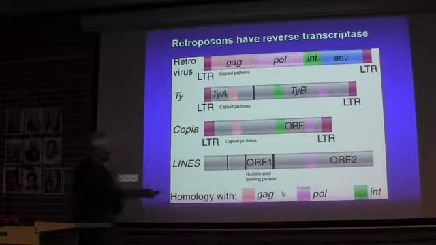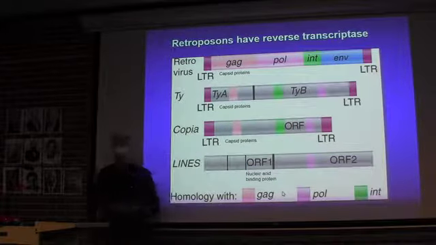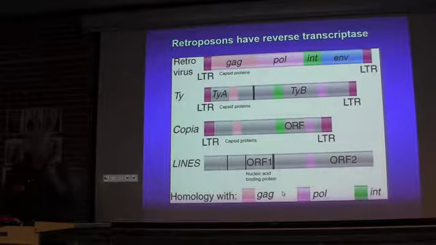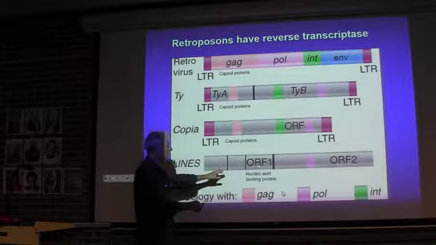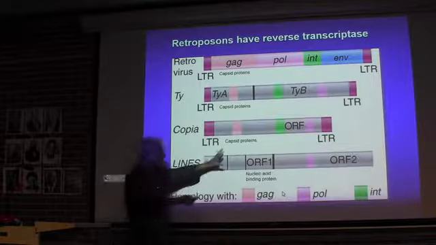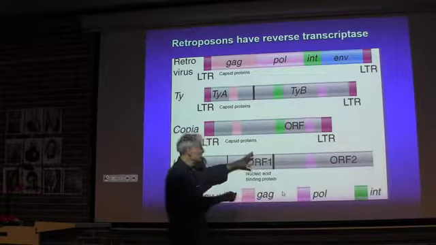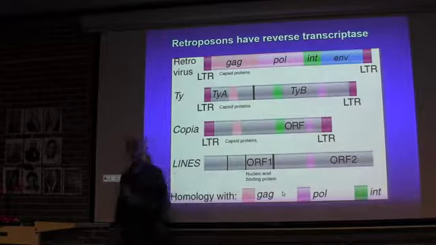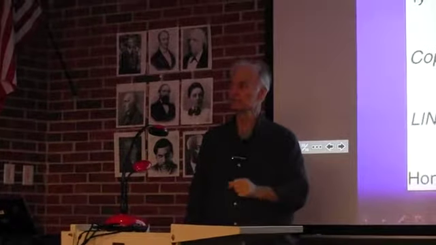You have a reverse transcriptase, which also encodes in this ORF2 an endonuclease that cuts the target DNA. And right here in ORF1, you have a nucleic acid binding protein. Both of the products of these open reading frames, ORF1 and ORF2, have affinity, specific affinity, for their own RNA.